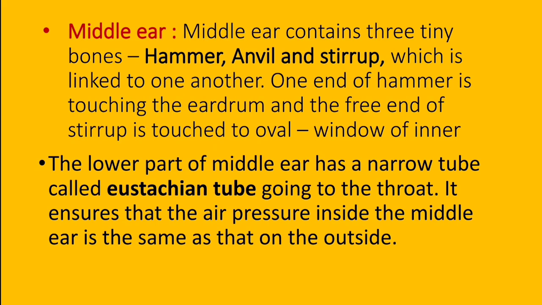The lower part of the middle ear has a narrow tube called the Eustachian tube going to the throat. It ensures that air pressure inside the middle ear is the same as that on the outside.